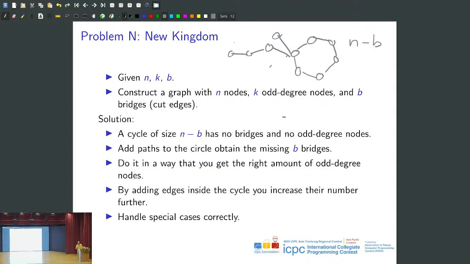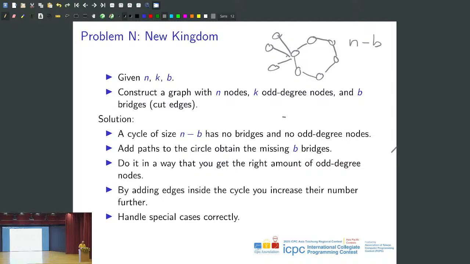bridges. N is also okay, but now what about the number of odd vertices? Well, you have to get the right number of odd vertices by attaching these paths in a clever way. And this is the art here.